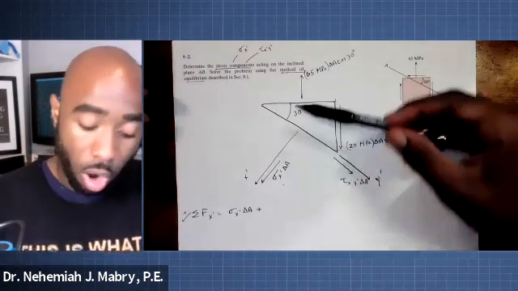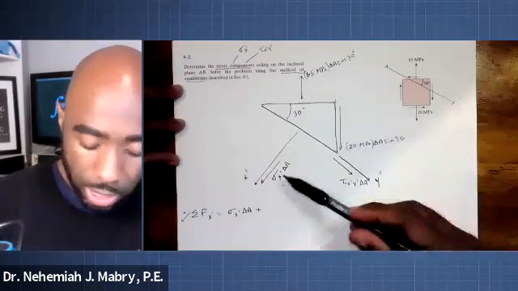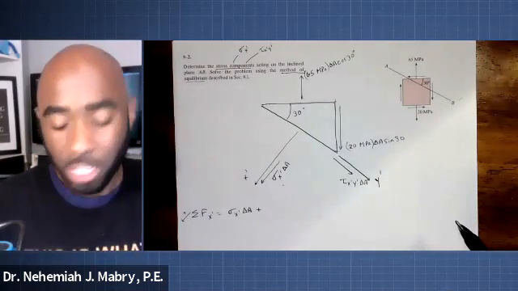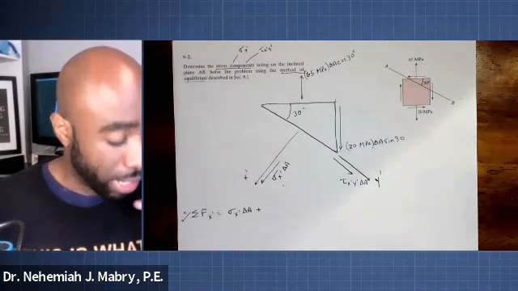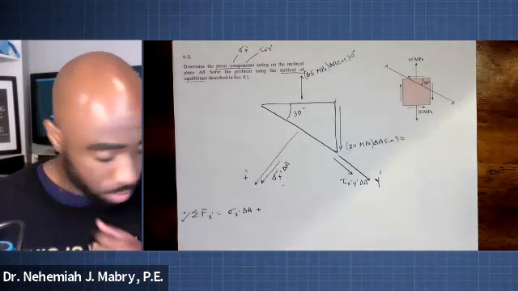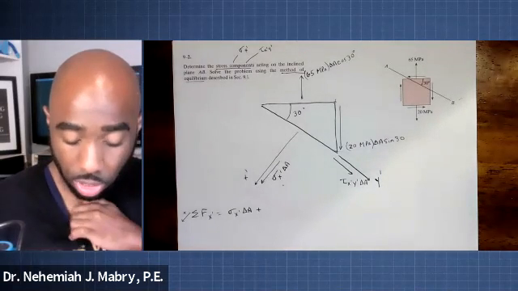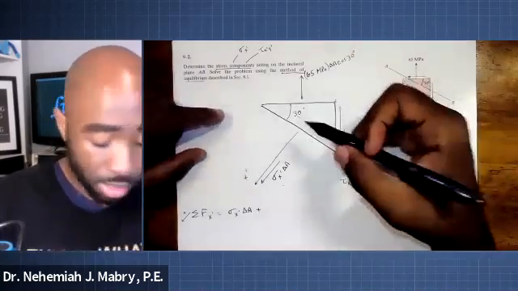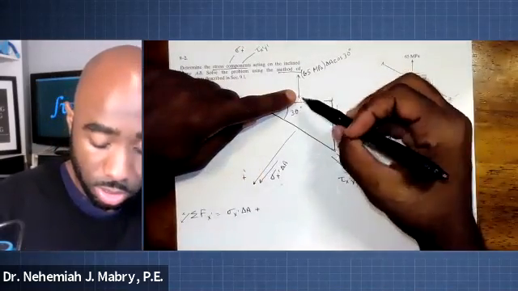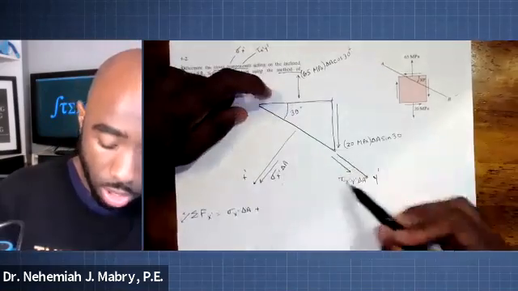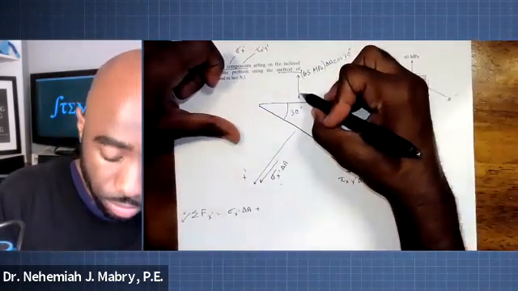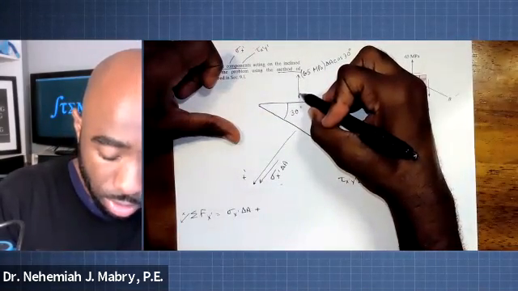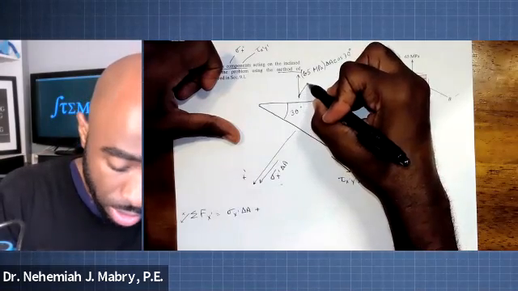Now, are all these stresses in line with the x direction? No, they're not. What we're going to need to do is make sure that we're able to align these forces with our new orientation. So what that would mean is we would need to look at this angle here.